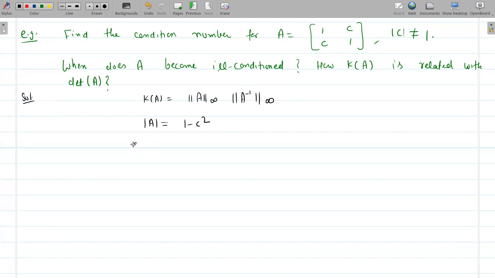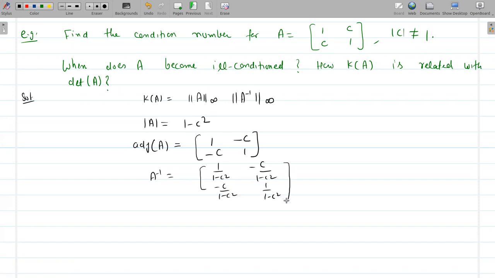You can also write the adjoint separately: the adjoint will be 1, minus c, minus c, 1. Therefore A inverse is the adjoint divided by the determinant. Divide every entry by 1 minus c square. Okay, so this is A inverse.